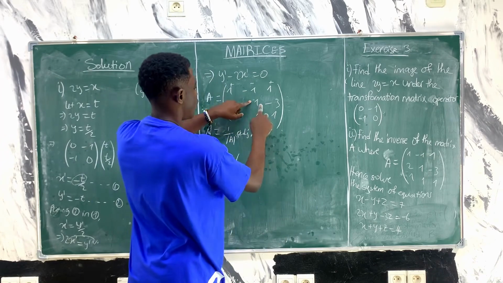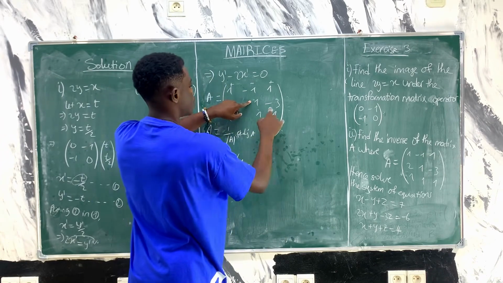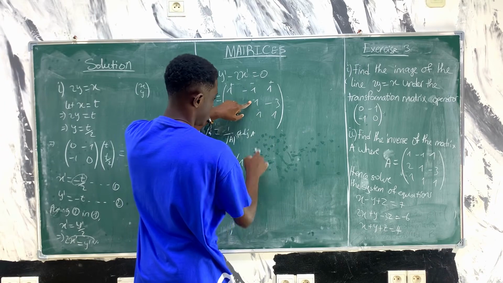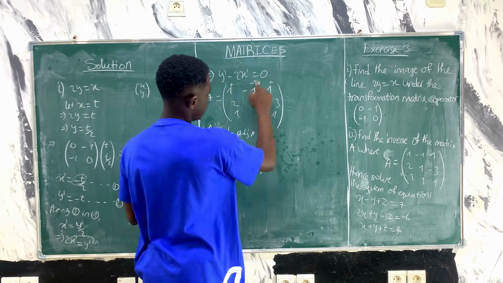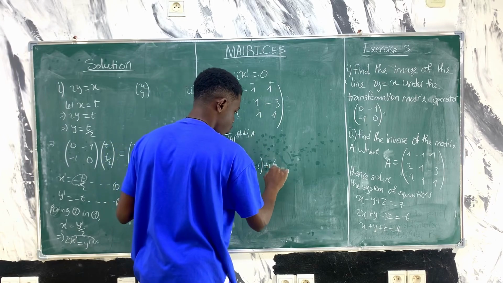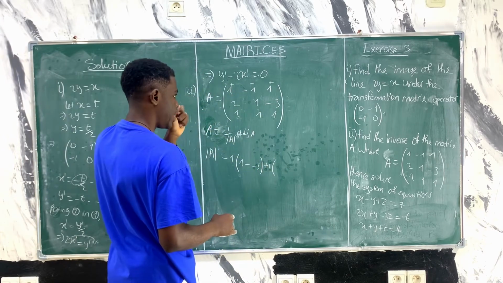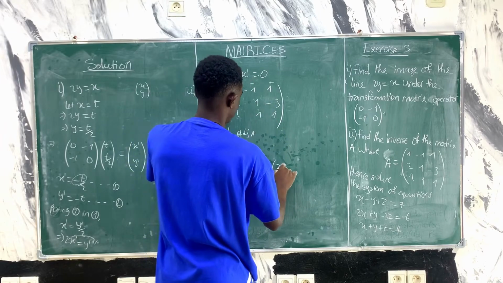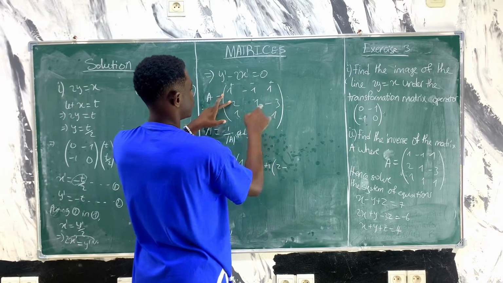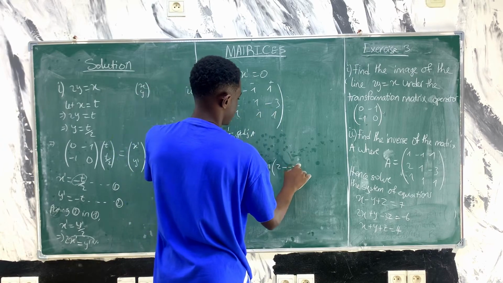I have 1 times 1 minus negative 3 times 1, that is 1 times minus 3 is minus 3. So I have minus 1, which will be plus 1, into these two multiplied. I cancel this and this. I have 2 times 1, which is 2, minus 1 times minus 3, minus 3.